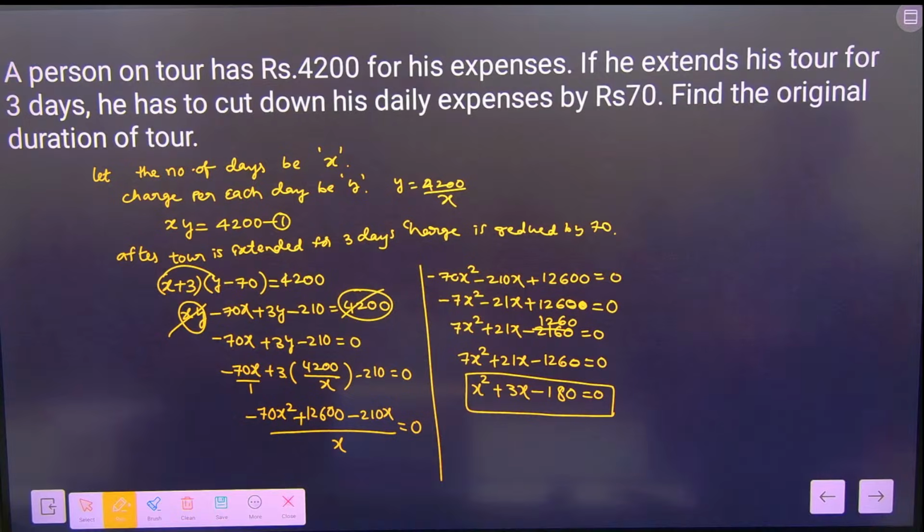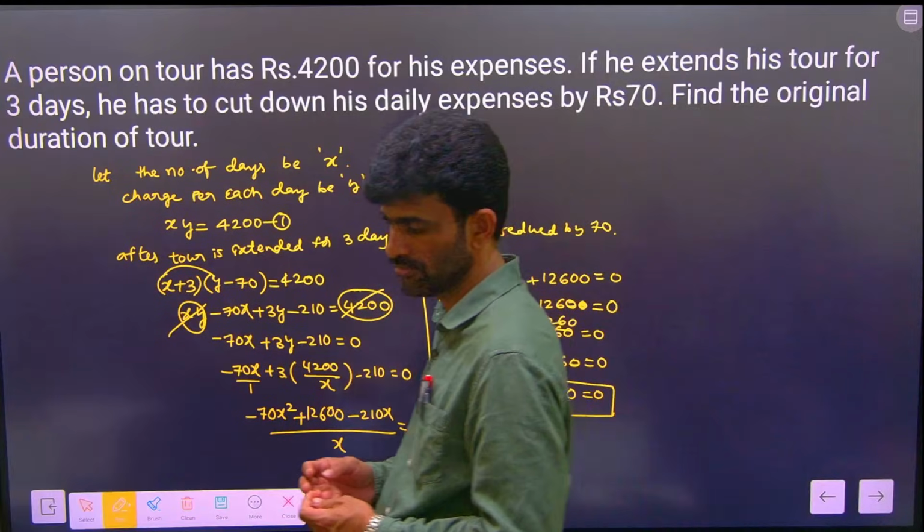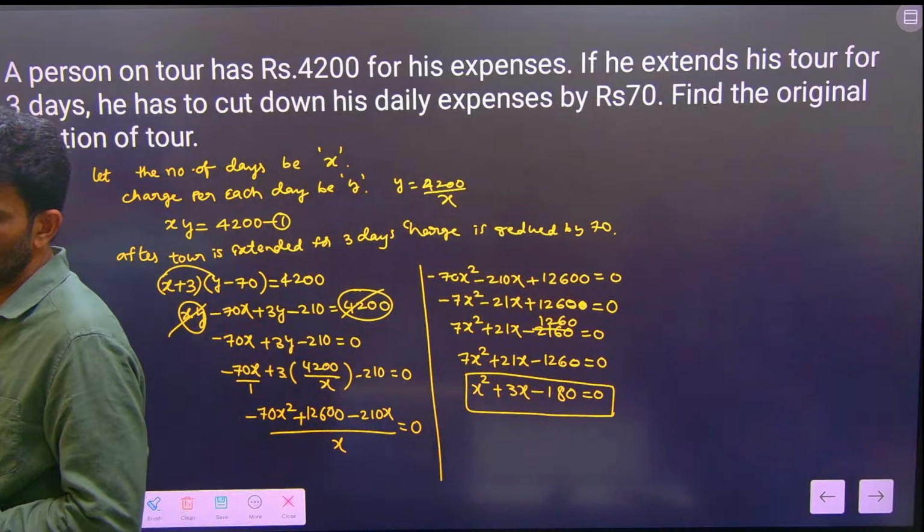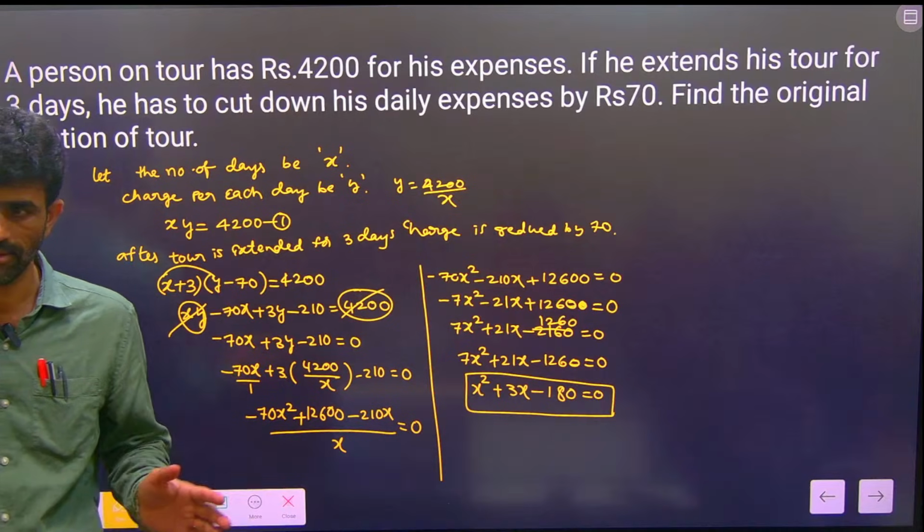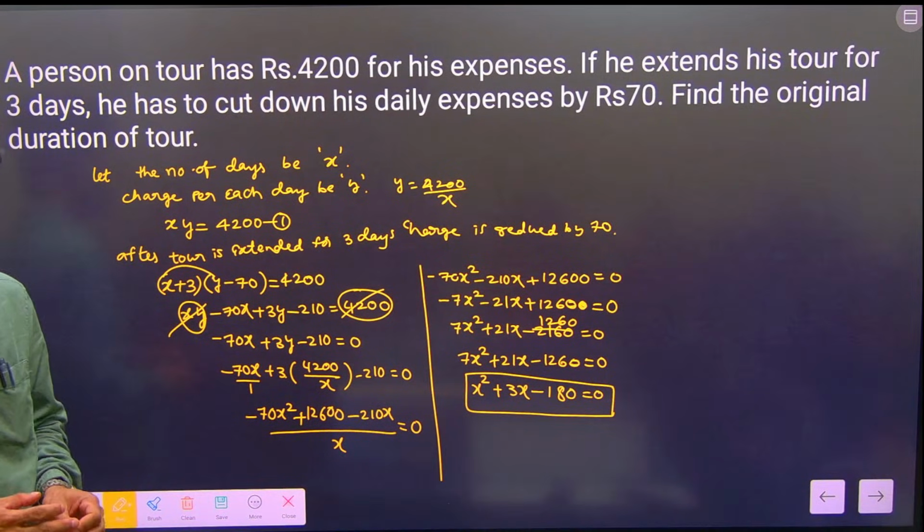So number of days, 12 days. You have to find number of days. I am not explaining how to split it to find out the values.